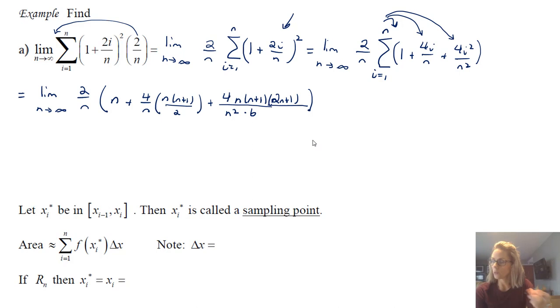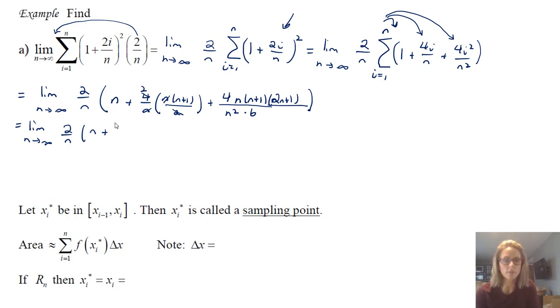Now, the next thing I need to do is really just simplify and think about my limits. So I'm almost there. So we have 2 over n. We have n plus, so notice that this 4 simplifies with this 2. This n simplifies with this n here.